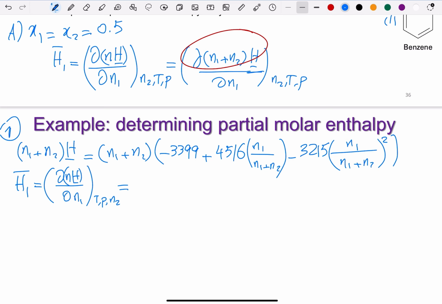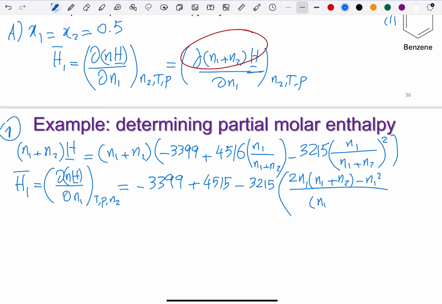So if you do the calculation, this is going to be minus 33.99 plus 45.15 minus 32.15, and I will have a term that comes from this fraction that I have.